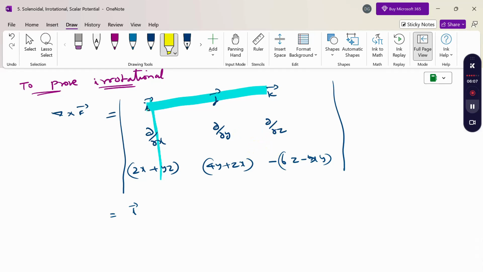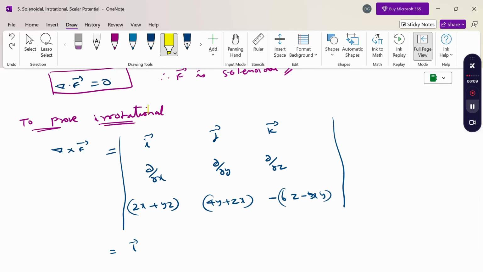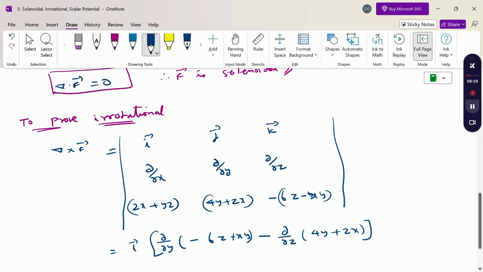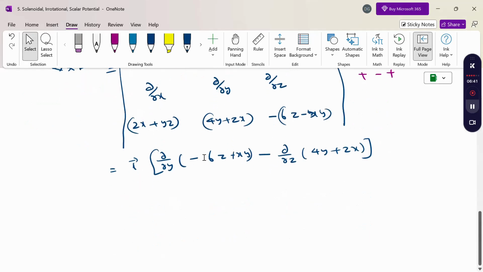Therefore i vector into dou by dou y of (minus 6z minus xy), minus dou by dou z of (4y plus zx). The signs go plus, minus, plus. So this is the form: the first row plus, next value minus.